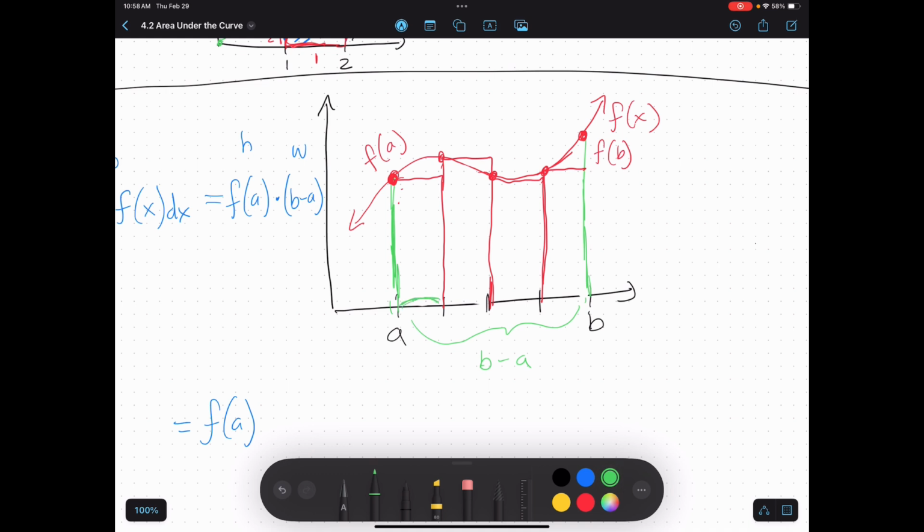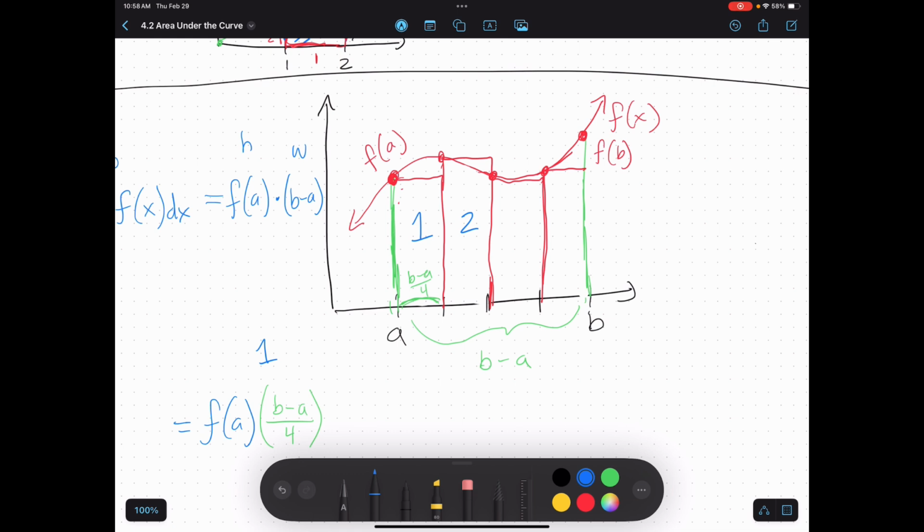Well, this distance would just be my total width divided into 4 equal pieces. So this would become b minus a divided by 4. That's this width, because it's the difference between a and b divided into 4 pieces. Okay, well that's just the area of this rectangle, so that's rectangle 1.